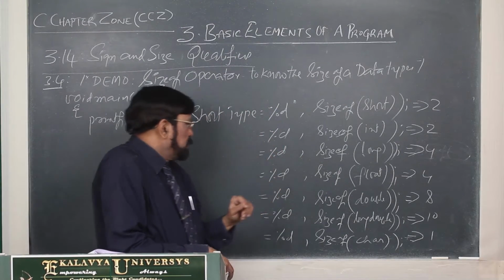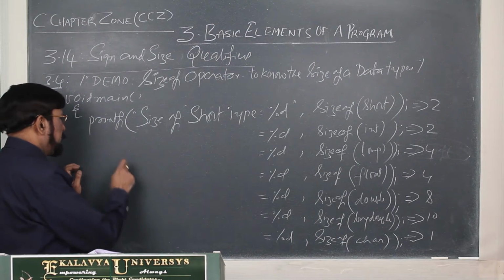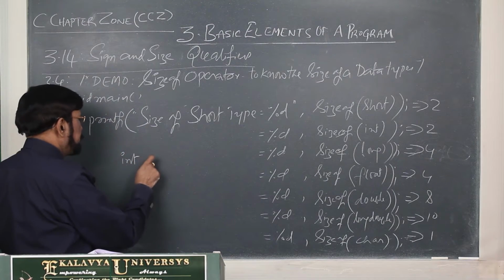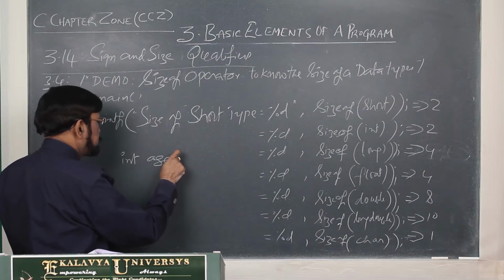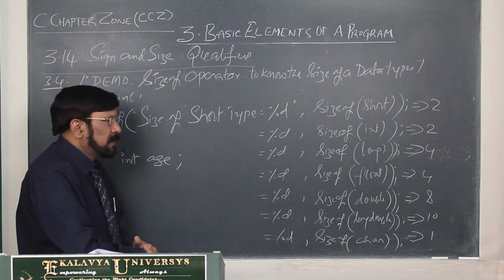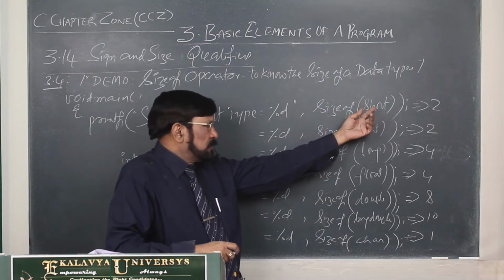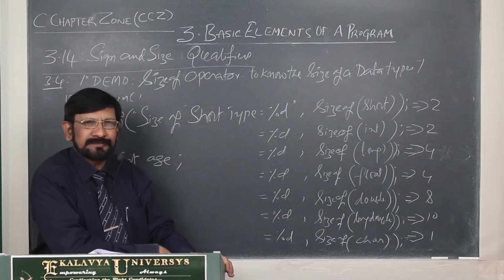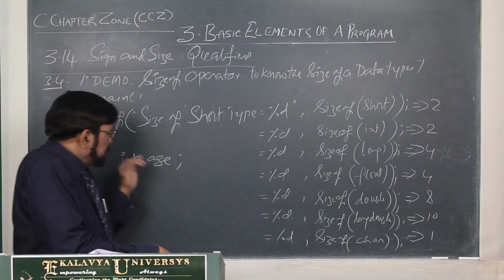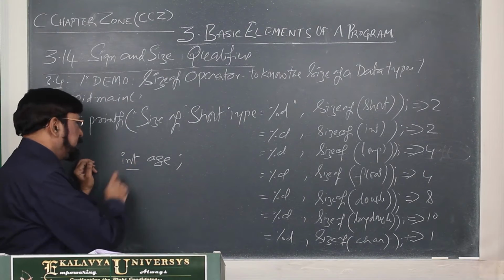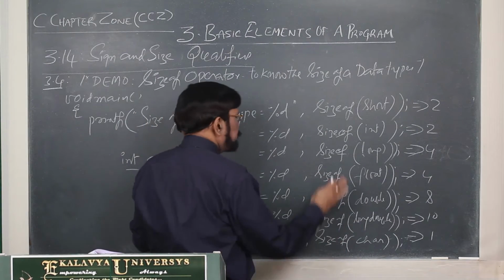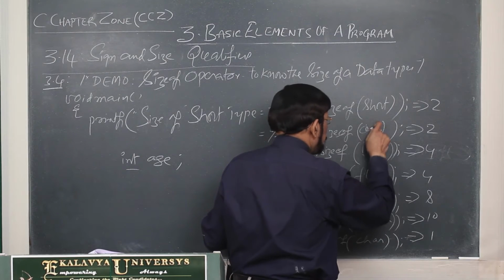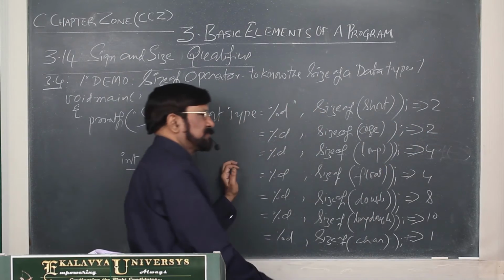And here one more important point I have to tell you. Now int we have declared. In this program we have written all the data types. Once a variable is declared, not only the data type, instead of writing int, if you write age also, you can get 2.